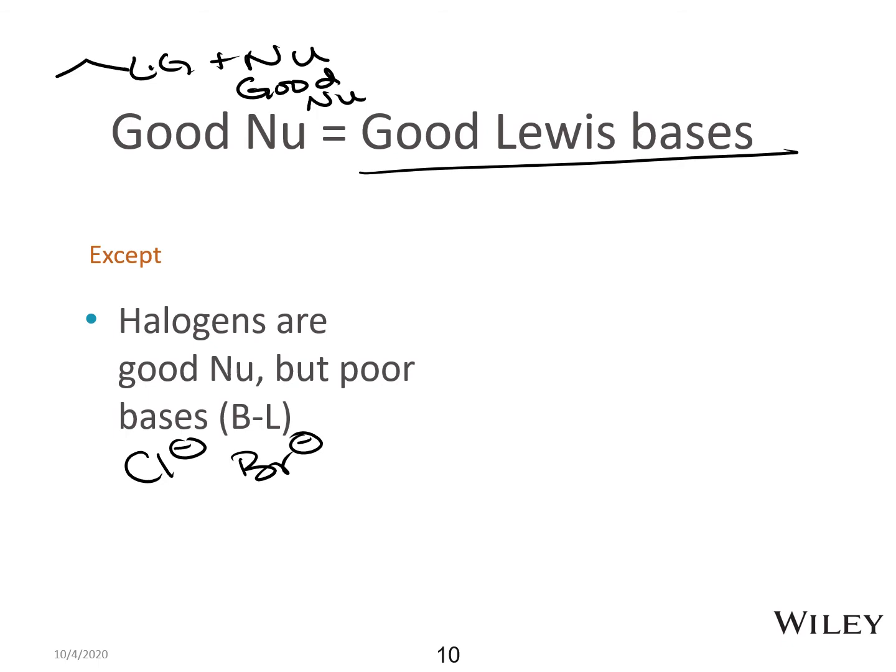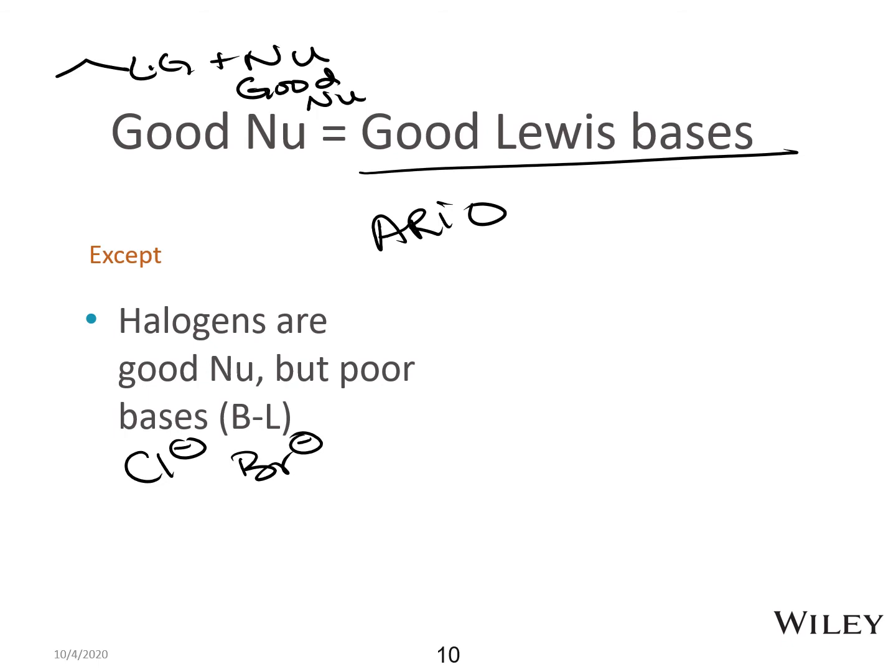They're not the most excellent Lewis bases, but they're pretty good and can react. Other than that exception, we can use ARIO to determine what would be good nucleophiles. And then again, there are some exceptions, some relating to the halogens, but that will be on your worksheet that you can look at and rationalize.